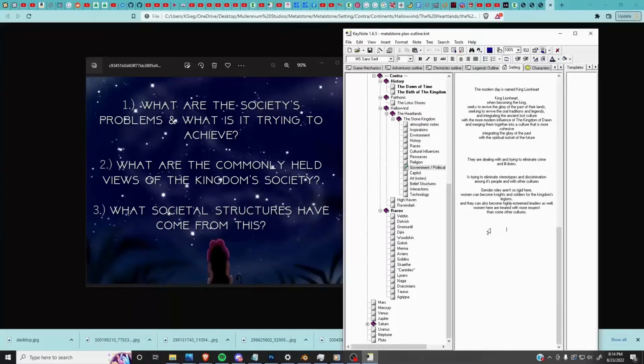And since King Lionheart is trying to revive the mission of the Kingdom of Dawn and try to help truly bring it about, this isn't just a mission for his own kingdom. Yeshu Krishna's followers are expected to bring the Kingdom of Dawn to other cultures that didn't look to these values to begin with.